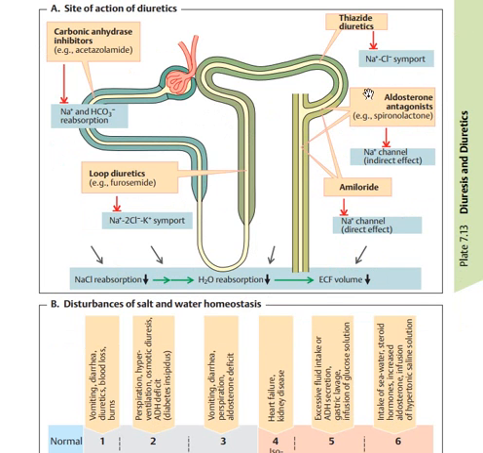If you want a diuretic which is not going to change the level of the intracellular fluid, you know that the intracellular compartment of the body is mainly maintained by the potassium ion. So if you want to reduce the body fluid, but you don't want the intracellular compartment to change, you can use the aldosterone antagonist.